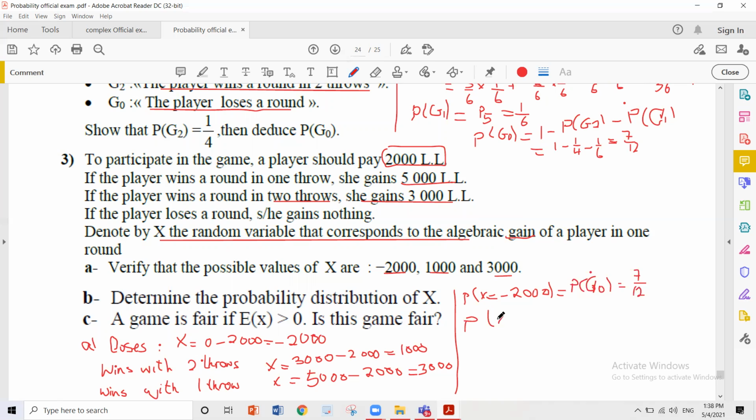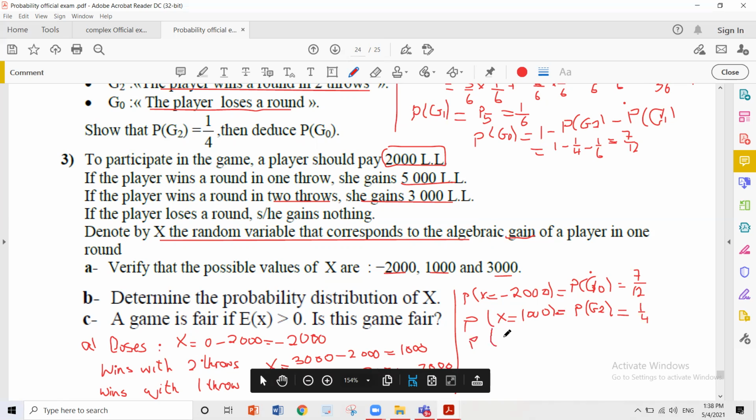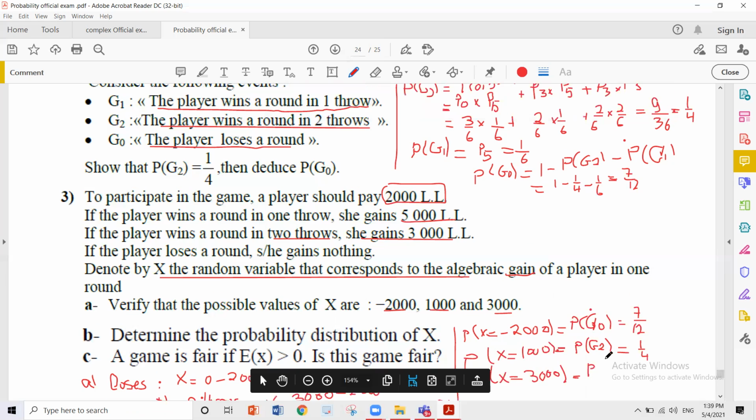The probability that X equals 1000 equals the probability of G2. The probability that X equals 3000 equals the probability of G1, which equals 1 over 6.